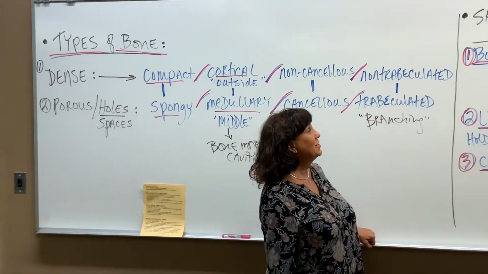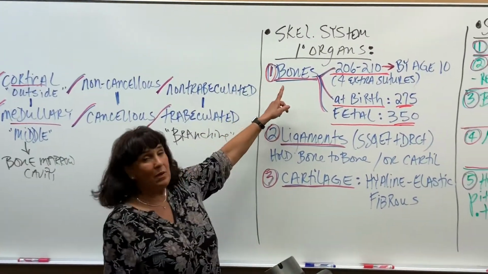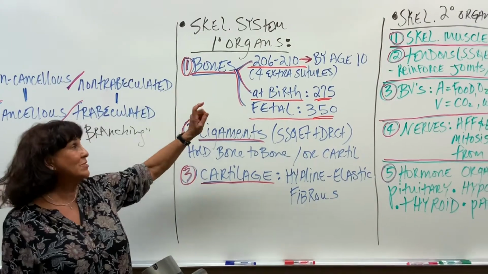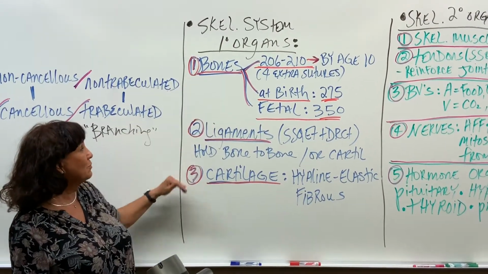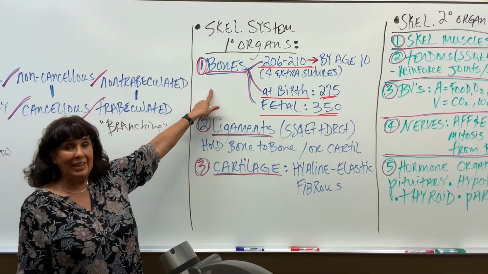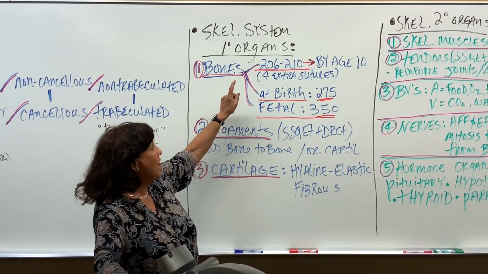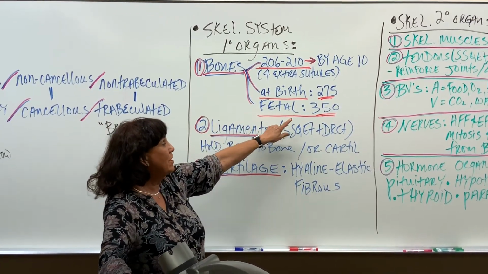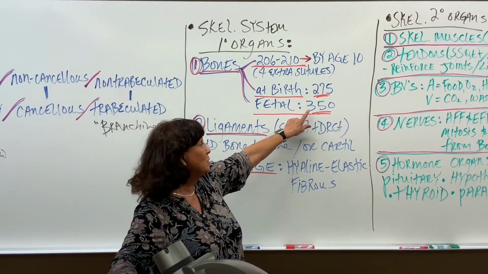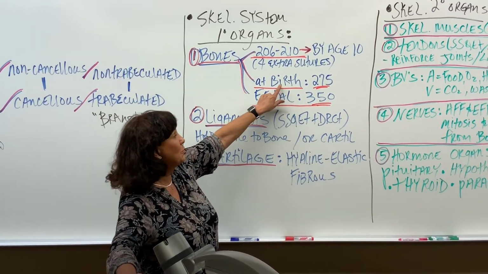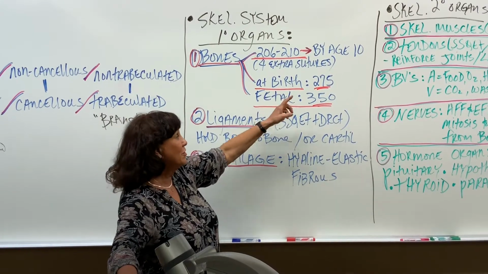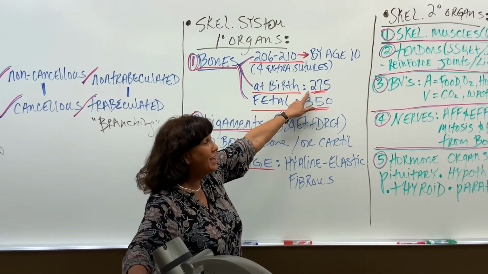All right, now the next thing we want to talk about is the primary organs in the skeletal system. Well, we just have three. We have bones, that's the major organ in the system. And basically you start out with 350 fetal bones. Then at birth, they fuse together and become 275 total.